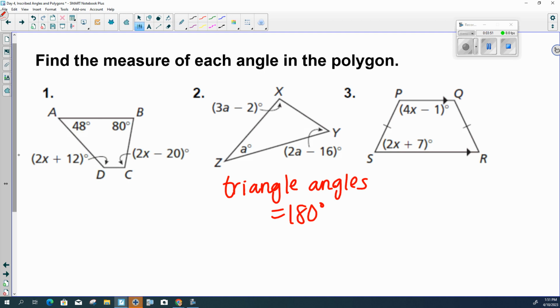All right, Martha, what about the quadrilateral? How could we find the x here? I wish they were equal. They definitely, this one's obtuse, this one's acute. Yeah, Bradley.